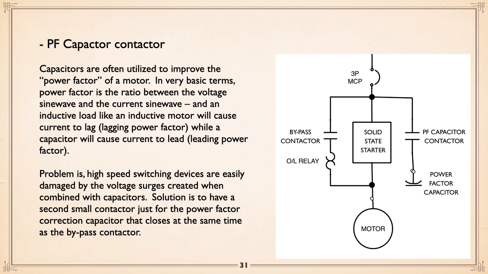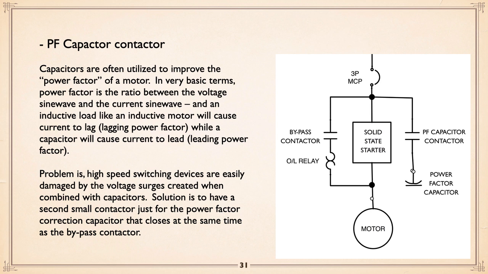Another thing that is typically added, power factor correction capacitor, and we'll get into that later, why we have capacitors. They're used to improve the power factor of the motor, and again, we'll get into the whole deal later on. The problem is capacitors don't like quick changing current, which is basically what that solid state starter is doing when it's ramping up or ramping down. Therefore, it will take out the capacitor very quickly.